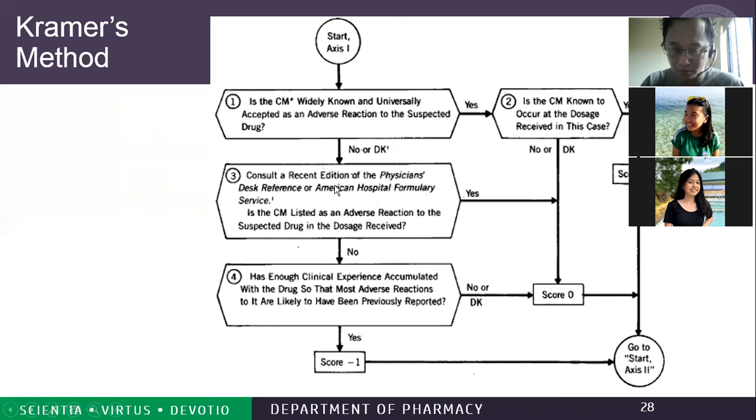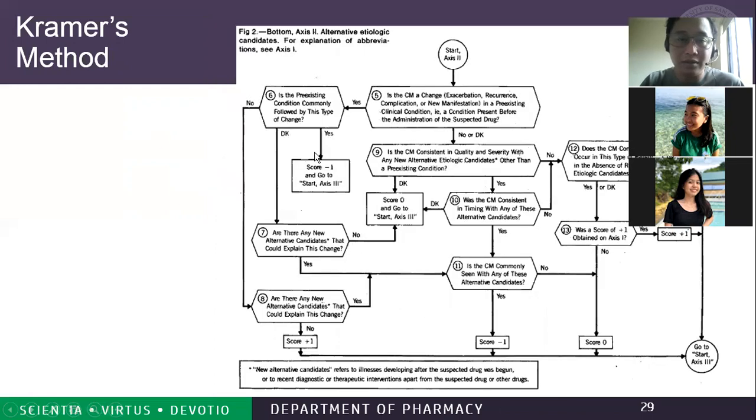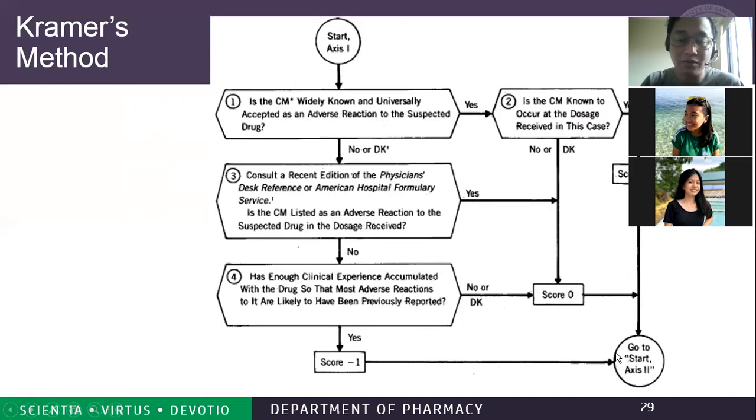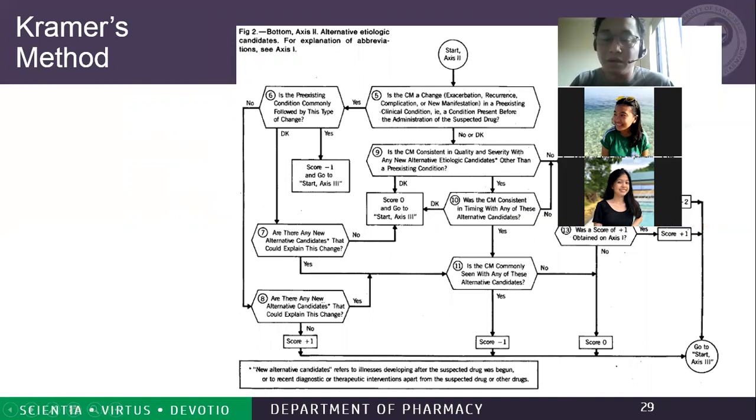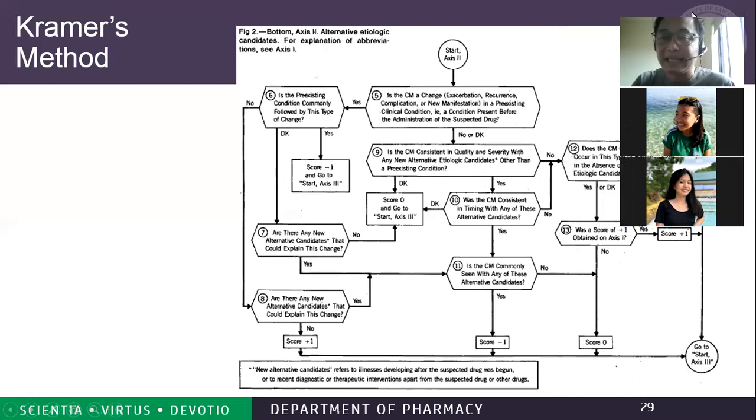If no or don't know, we go to the third question, and so on. We have the score here, and it is validated, I think. Then we go to axis 2 and so on. This is a beautiful algorithm by Kramer, but it is very detailed, and to my knowledge it is not frequently used at the moment.